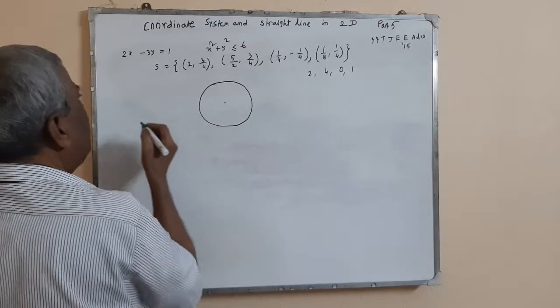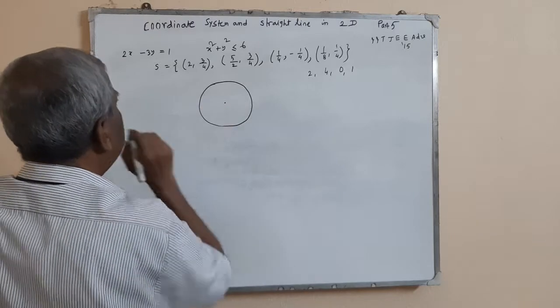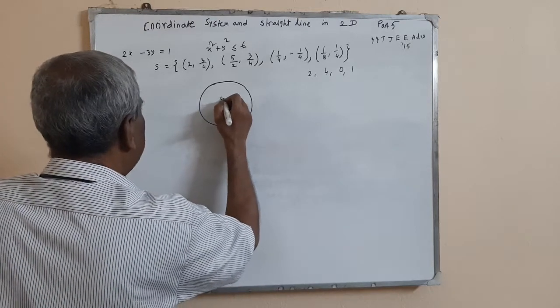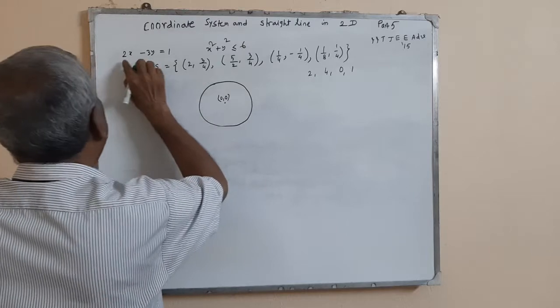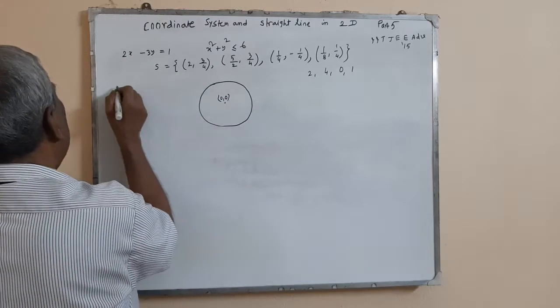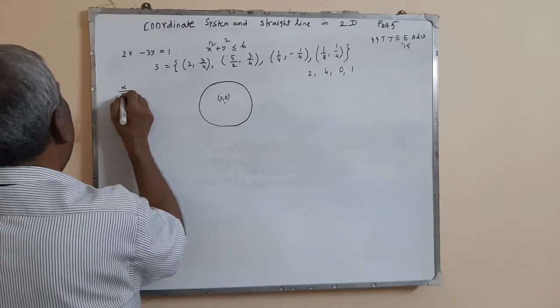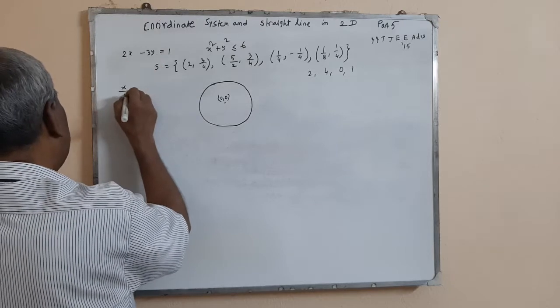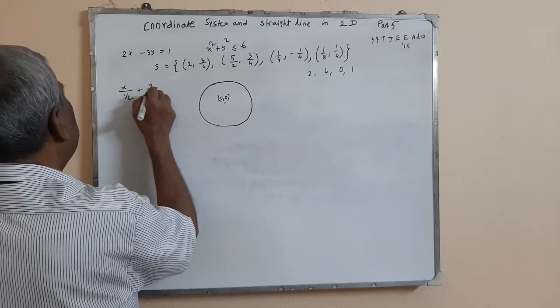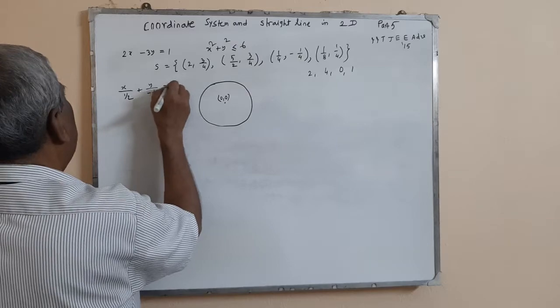And 2x minus 3y, its center is 0, 0. And 2x minus 3y equal to 1 means x by half plus y by minus 1 by 3 is equal to 1.